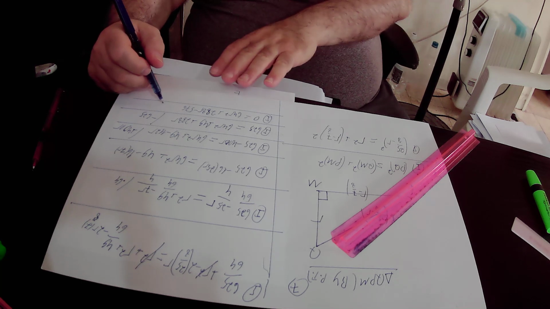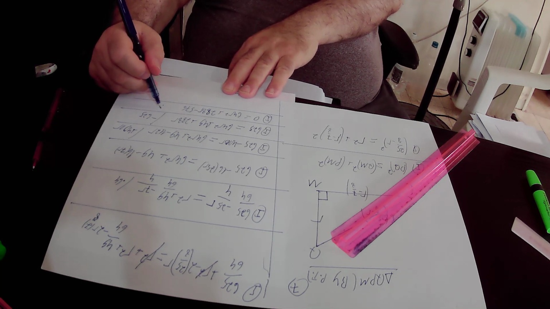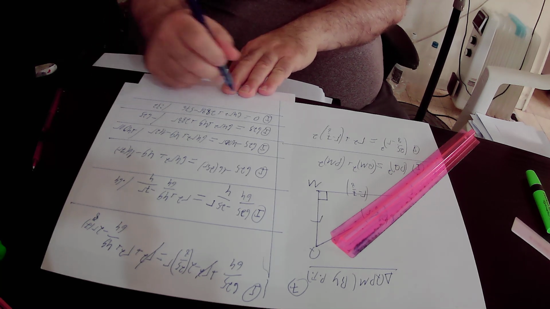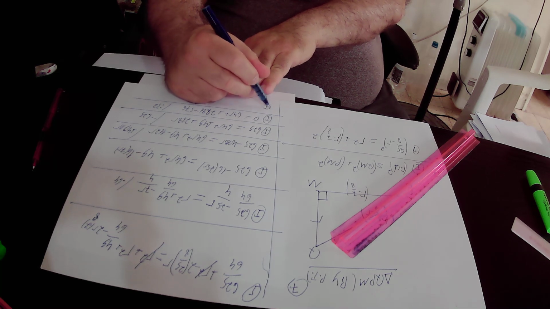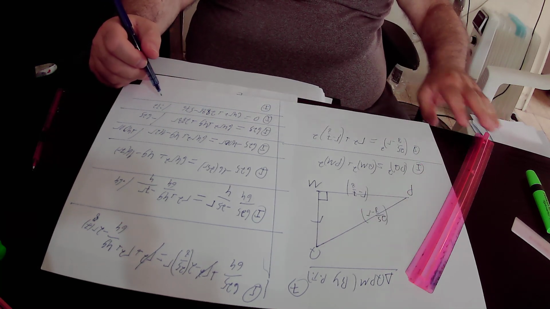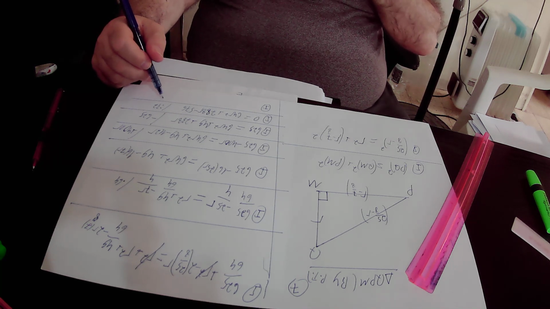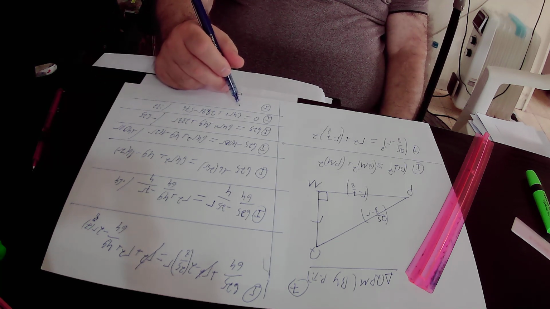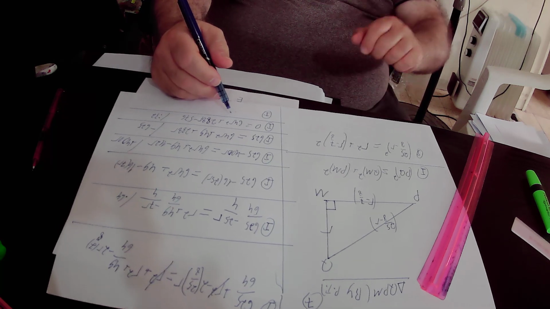So we divide this equation number 1 by 32, and we get that according to equation number 1, 64 over 32 is 2. So this expression in total equals 2r squared.